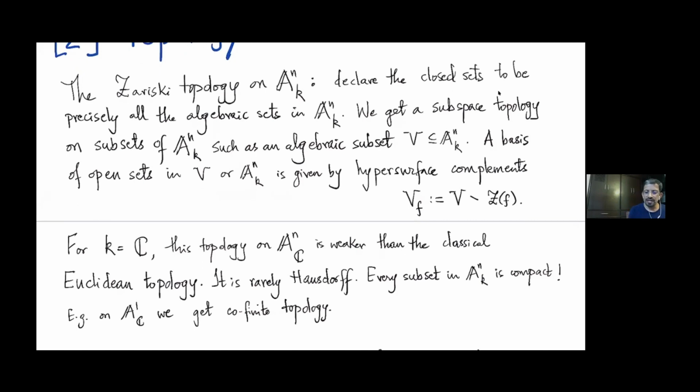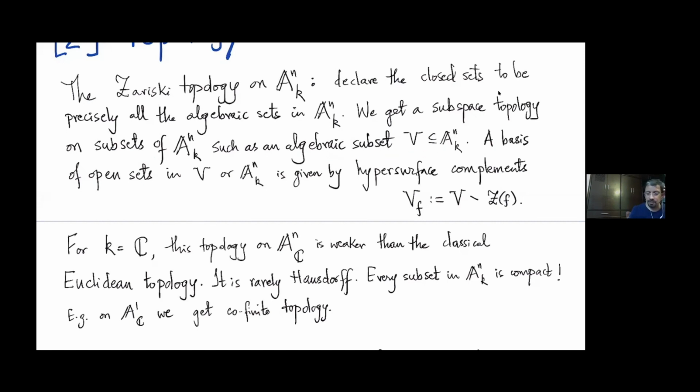And once you show that, then you have a topology on A^n_K, and you get a subspace topology on any subset of A^n_K. So for example, on any algebraic subset of A^n_K also, you get a subspace topology.